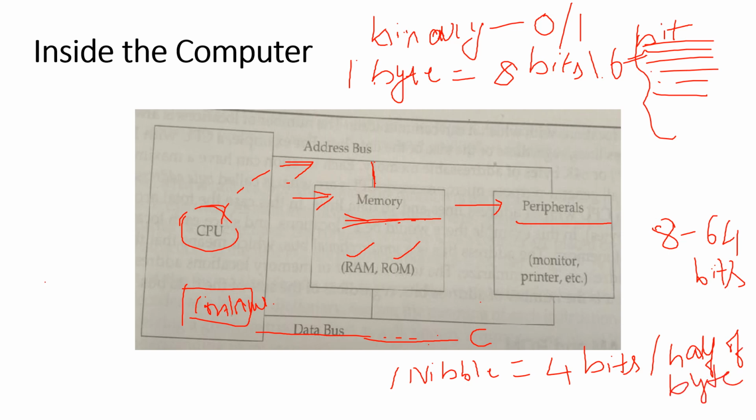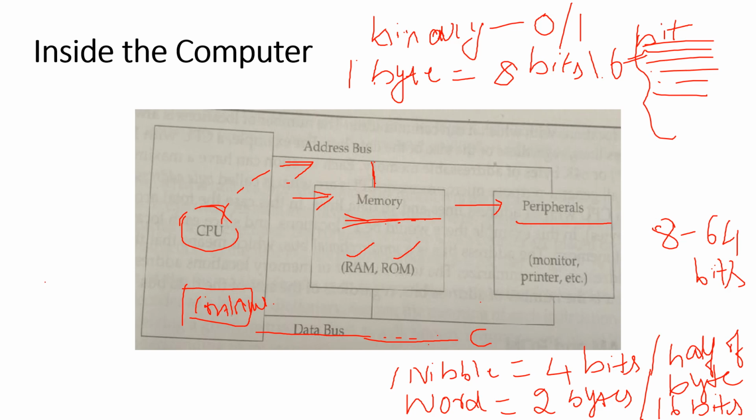And we have a terminology called word. Word is nothing but 2 bytes or 16 bits. So these are the various ways that we try to know the data size.